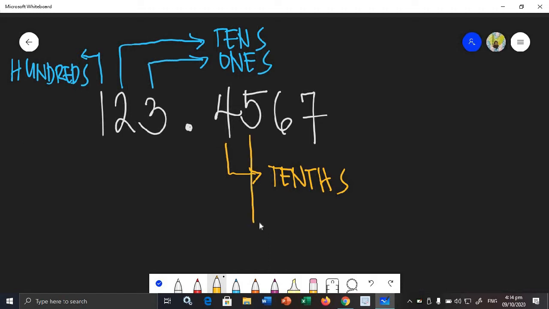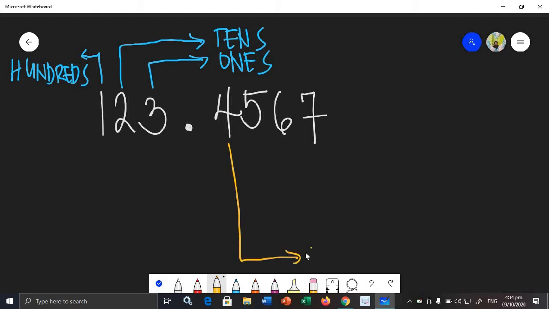And then the second one is, rewrite natin. This is your tenths. Okay? Ends with THS. And then the next one is your hundredths.